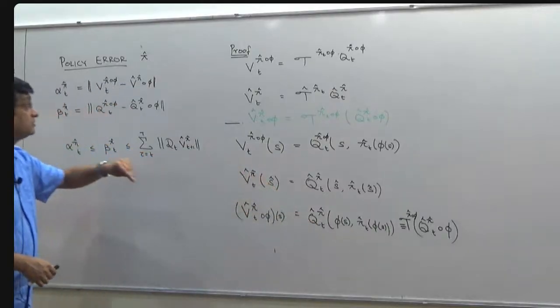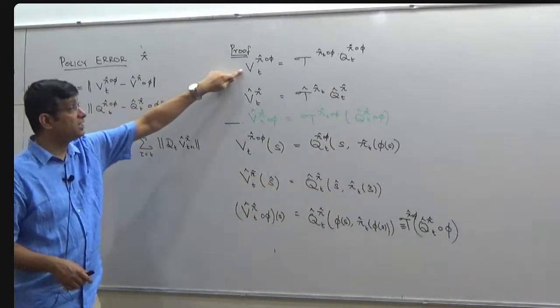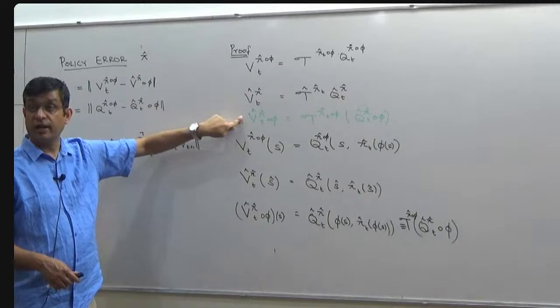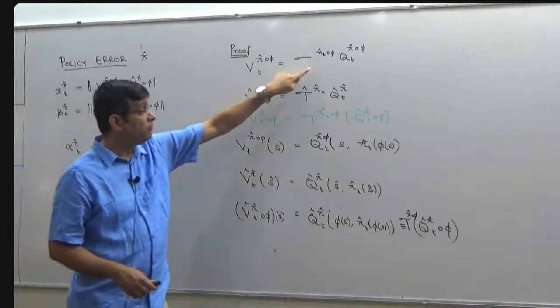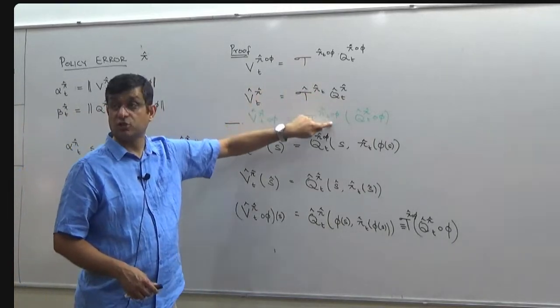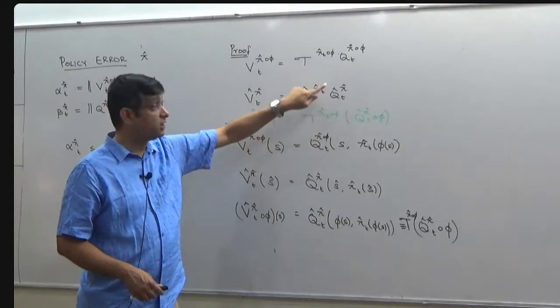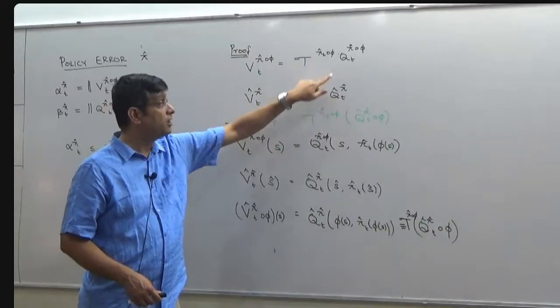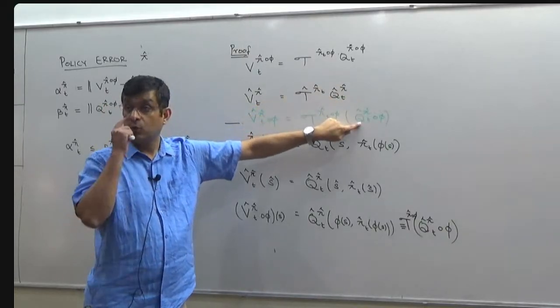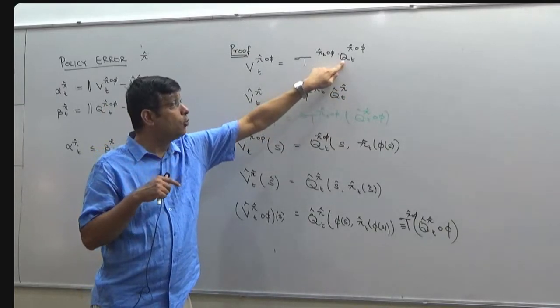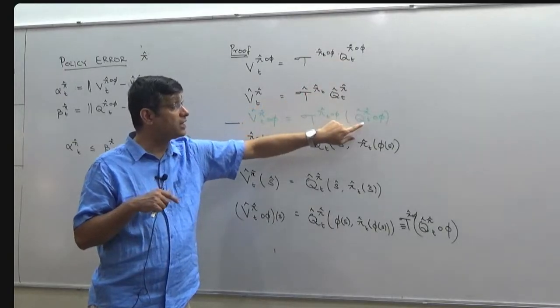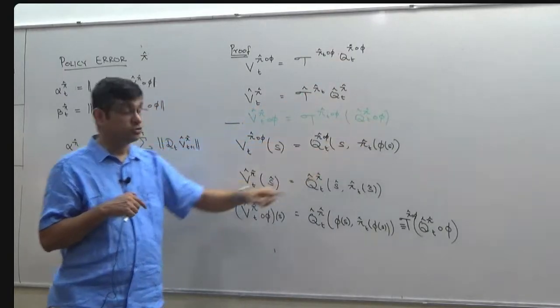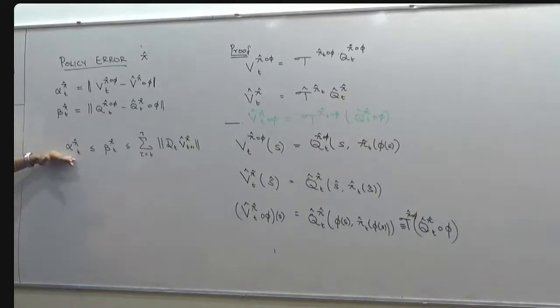And what that means is that if I now want to find the difference between this guy and this guy, I have a situation where I'm applying the same action selection operator on both of them. And therefore, I can use the fact that this operator was non-expansive to say that this would be less than or equal to the norm between q t and q hat t composed with phi. So, I get the first part, that alpha pi hat t was less than or equal to beta pi hat t.